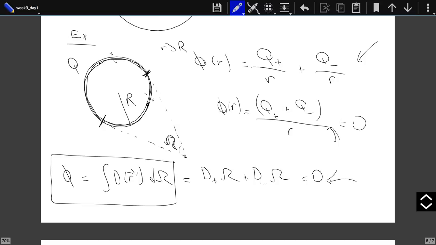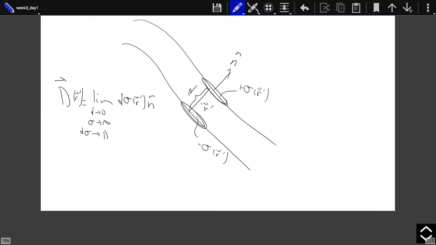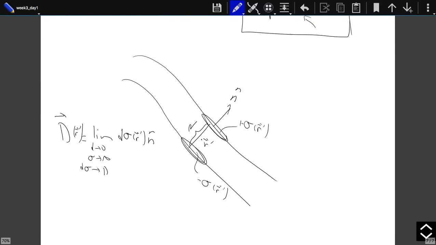Well, you see, the derivation in your book, based on this dipole layer picture, says that for every area element over here, there is a corresponding area element over here. This has charge plus sigma, this has charge minus sigma. So you define a local dipole density at that point.